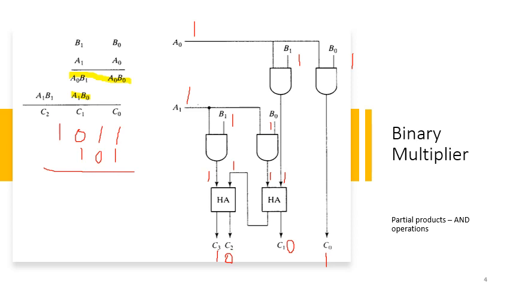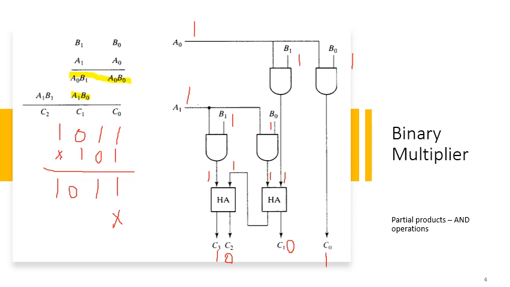So if you perform the multiplication operation, first of all, this bit is multiplied with the whole number, then 0 is multiplied with the whole number, and 1 is multiplied with the whole number. We will be getting 3 partial products, and we're going to add these partial products together. So 1 multiplied with this number will give us 1 0 1 1. This is the first partial product.